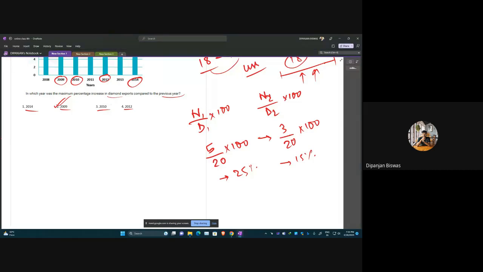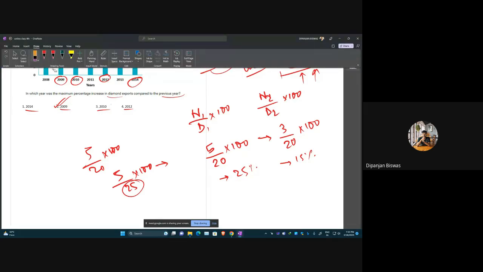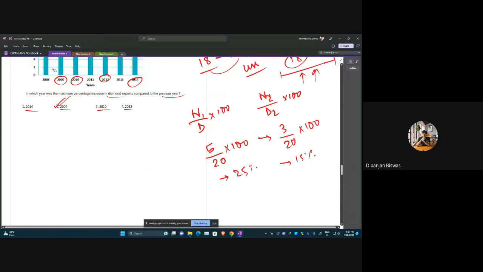But if the denominator is more, suppose 5 by 20 into 100 and 5 by 25 into 100, wherever the denominator is more, the percentage should be less. This is applicable for any ratio. Whenever the numerator is more, the ratio is more. Whenever the denominator is more, the ratio is less. Okay. I hope you get this concept. Same thing we have applied here.